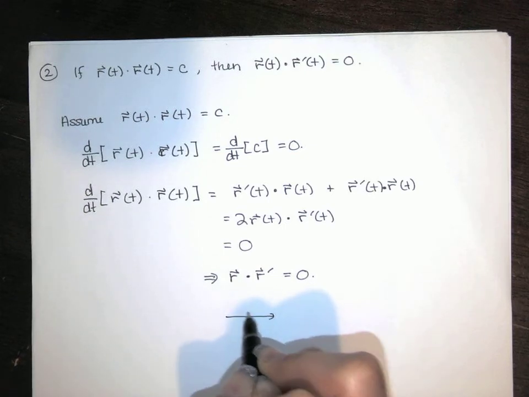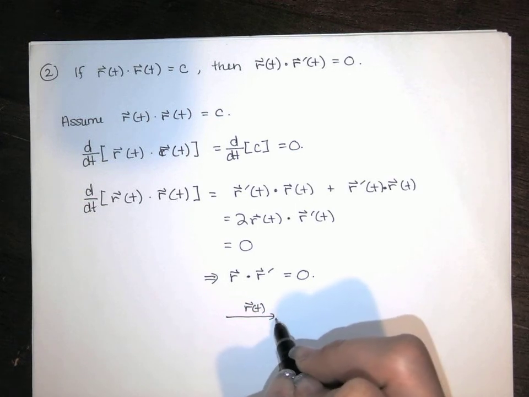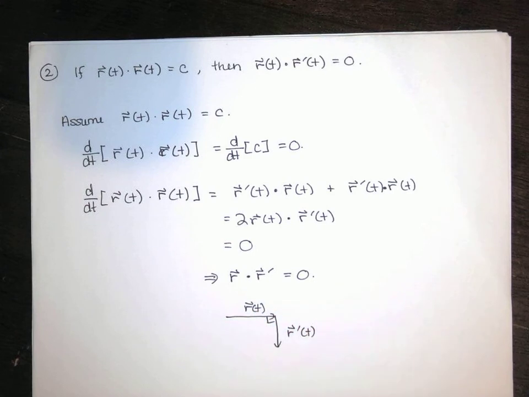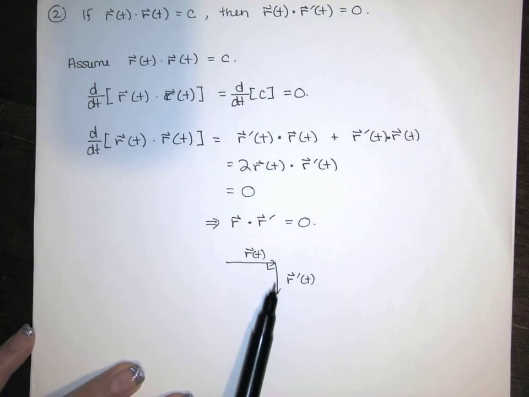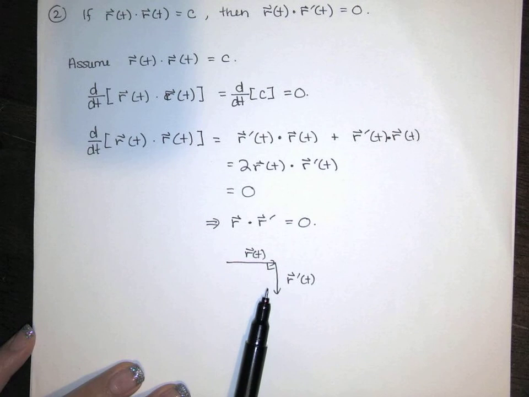So here's r of t. And if I take the derivative at t, I said perpendicular, but I meant orthogonal. They meet at right angles. So as r changes by a little bit, the derivative is going to be perpendicular to that. The instantaneous change in r with respect to time is going to meet this at a right angle.